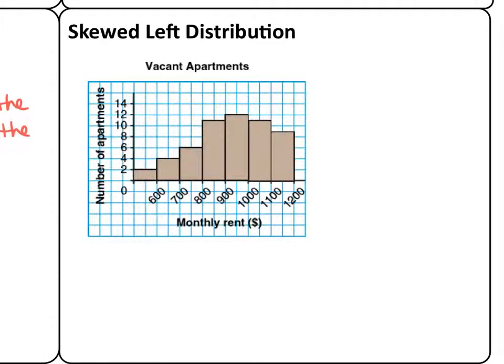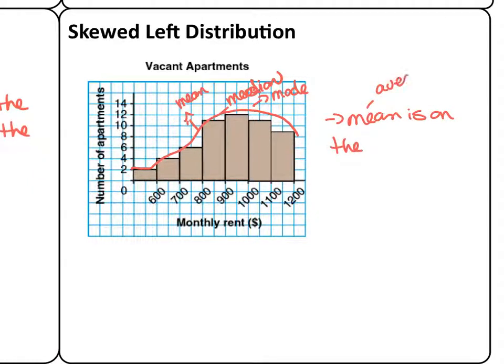And the last one looks like this, and it is called skewed left, where the tail starts right at the beginning, then it slowly goes up, and then the bulk of our data is on the right-hand side. Same thing happens, our mode and our median are on this side, but our mean, again, the mean is to the left, or average.